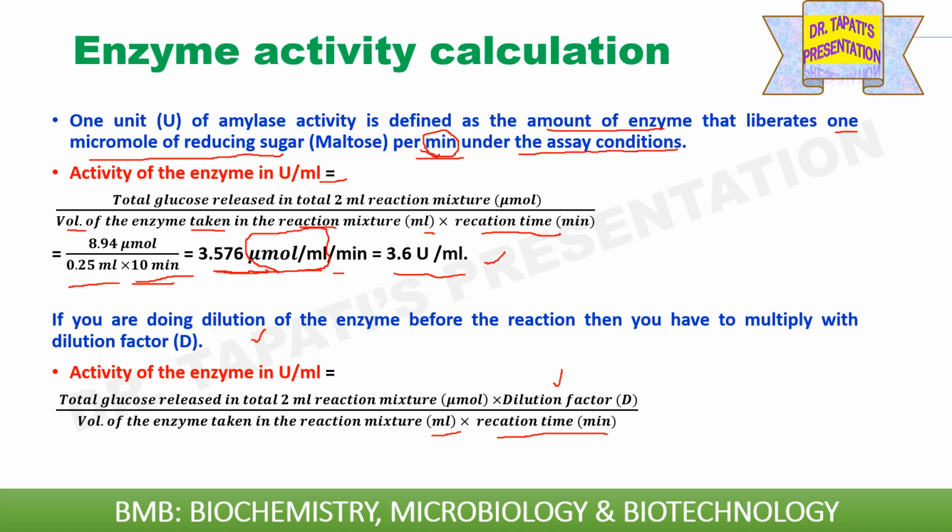In my experiment, the dilution factor is 1, therefore the unit per ml will be 3.6 into 1, which is 3.6 unit per ml. If your dilution factor is 5, then you have to multiply 3.6 into 5.